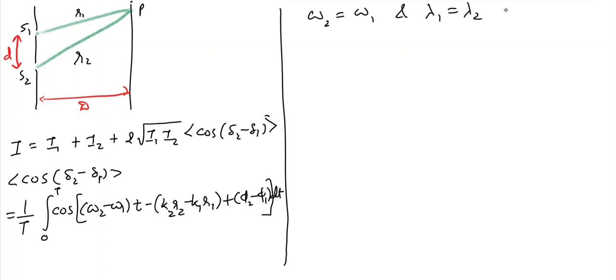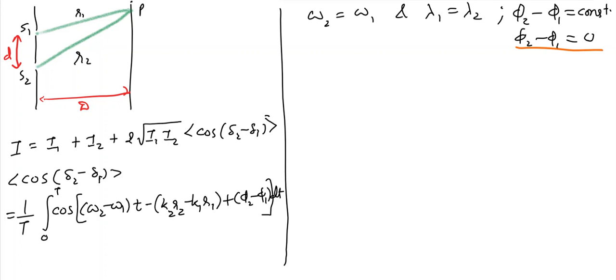Moreover, if I consider that phases are the same, then phi 2 minus phi 1 will be constant, and for convenience we may take phi 2 minus phi 1 to be 0. You may take a constant, it won't make much difference, except that you will have to carry the constant term in every mathematical step. So for convenience, we consider that phi 2 minus phi 1 is 0.